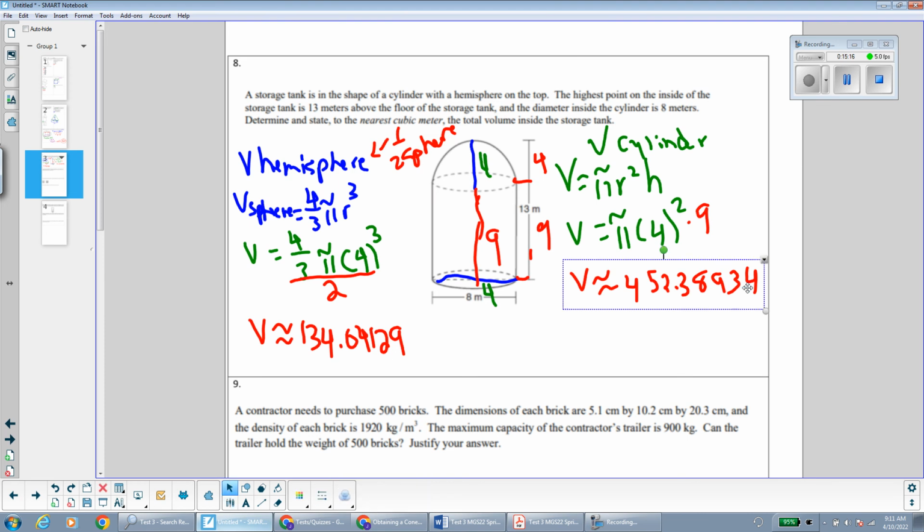So I'm going to add the volume of the cylinder to the volume that we got from the hemisphere. And this is where we're going to round according to the question because we're done to the nearest cubic meter, which is whole number. So the volume of the whole water tank is approximately 586 meters cubed.